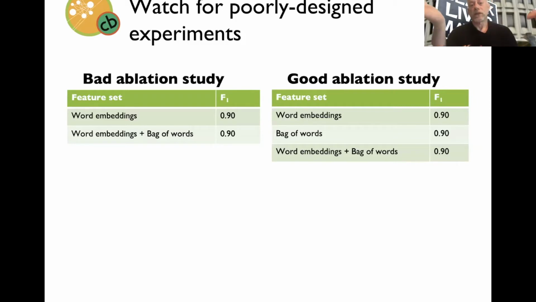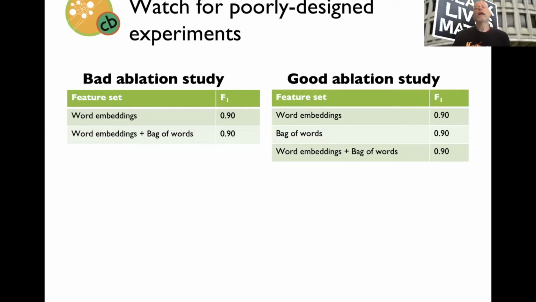And what you would often see from a bad ablation study like that is the paper concluding that bag of words don't do anything as a feature since they don't add anything to the score that you get from word embeddings alone.